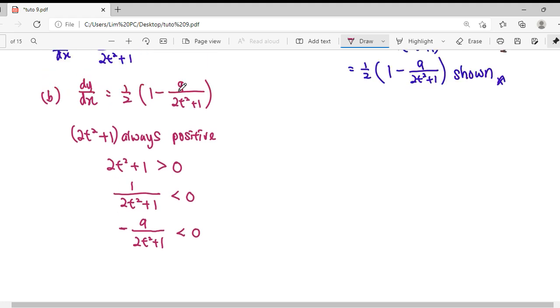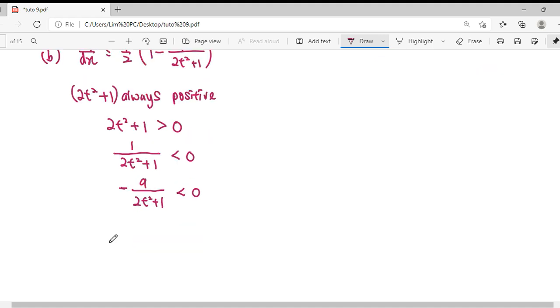Then, okay, we proceed. Then we have a 1 here. So this fraction we're going to add 1. So the maximum that we can get is 1, because when the left hand side plus 1, the right hand side also we're going to plus 1.